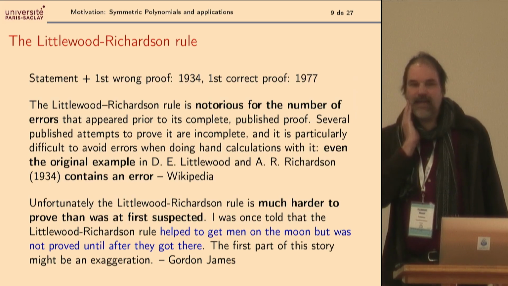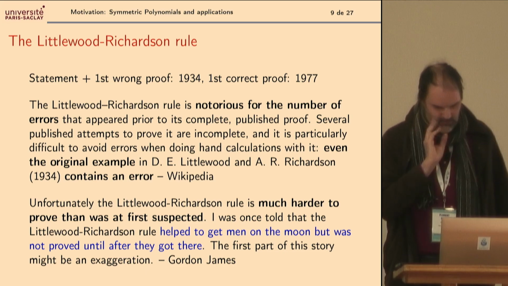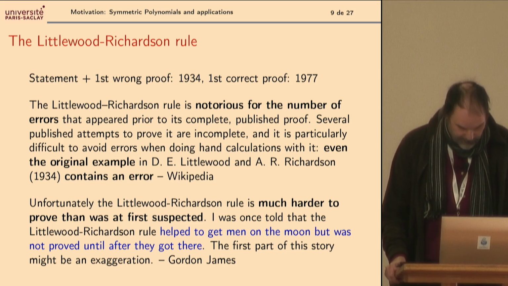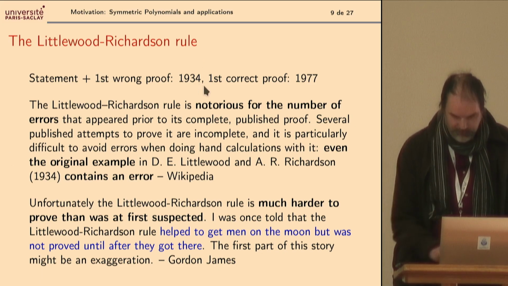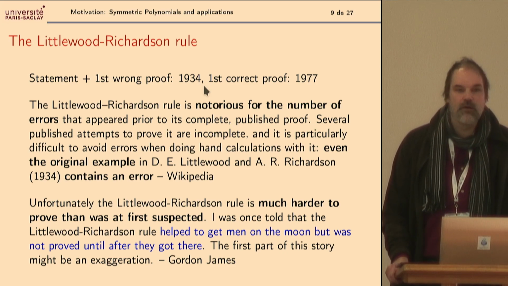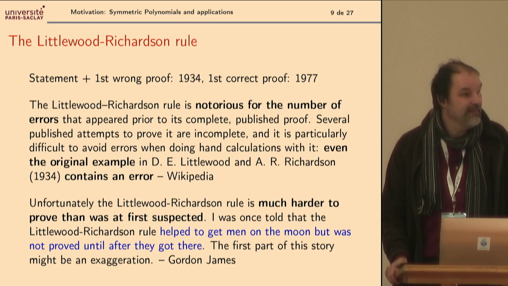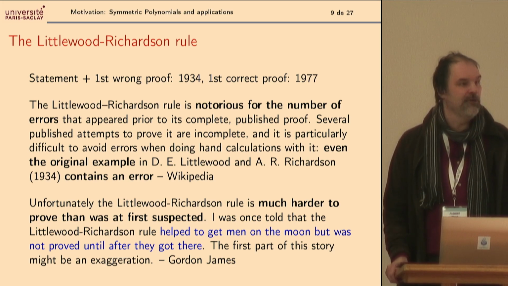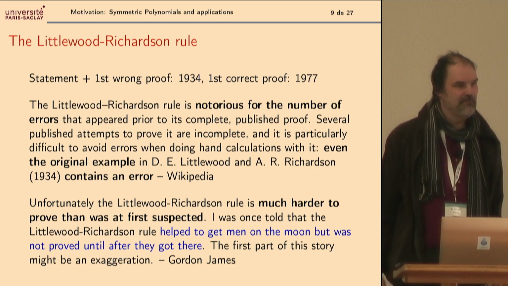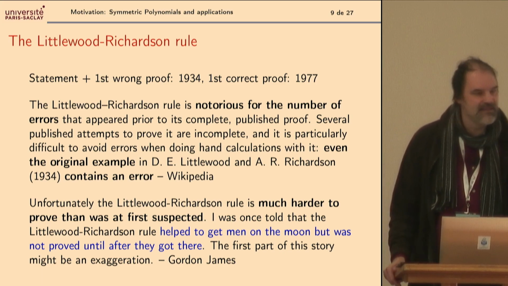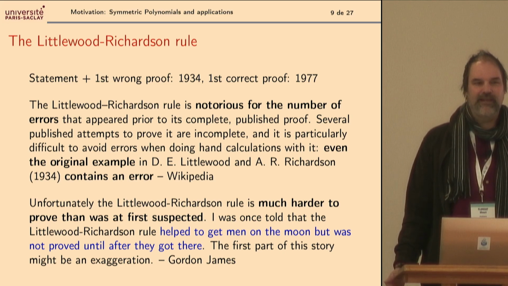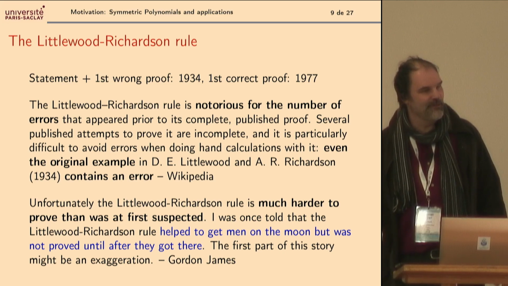So if we look at the history of the Littlewood-Richardson rule, the statement was in 34, and it was the first wrong proof. And actually, it was also the first wrong example. Even the example they give in the paper was wrong. They claim that some coefficient was, if I remember correctly, 22, and it was actually 24.